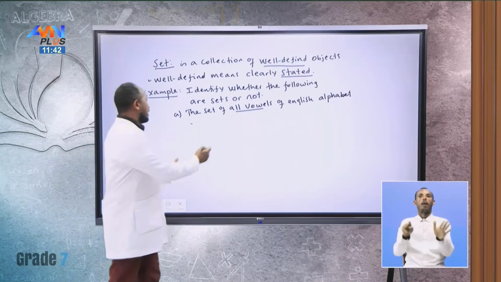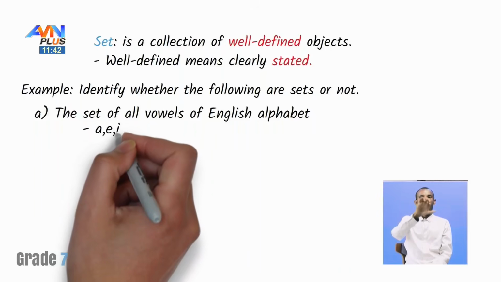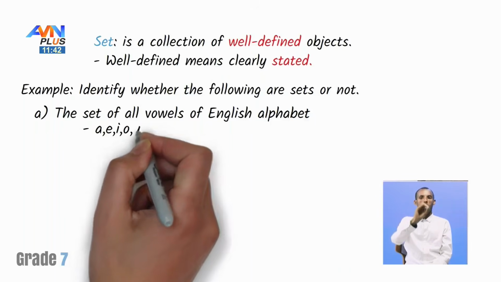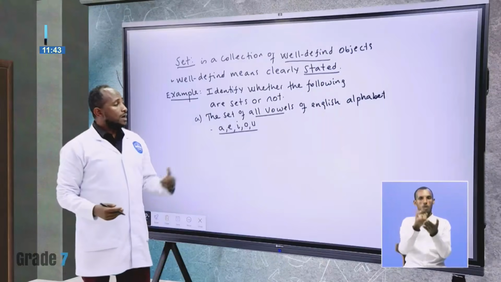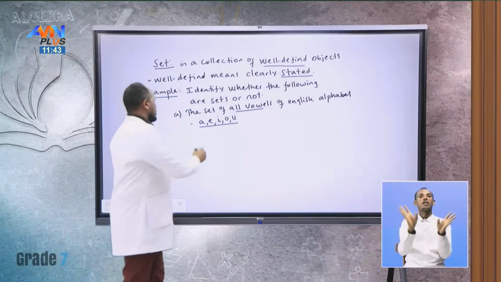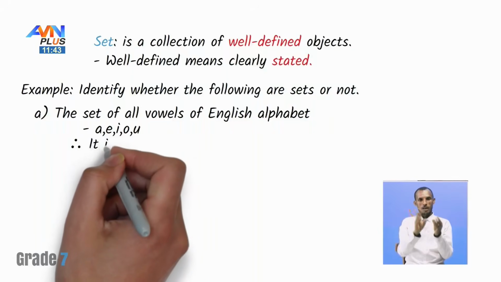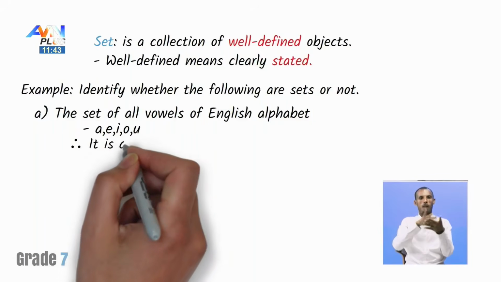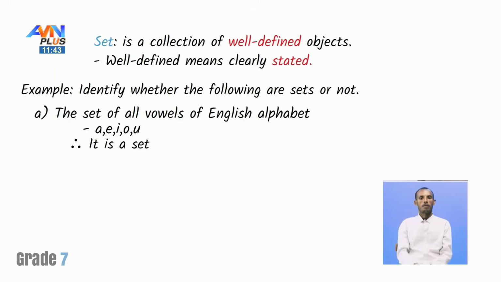The vowels are A, E, I, O, U. So we can clearly state the objects. Therefore, this one is a set.